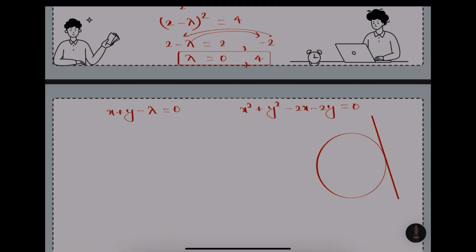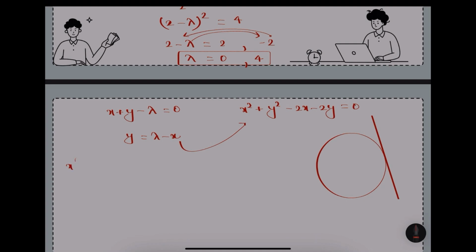Touch means it will touch at a single point, and the straight line will behave as a tangent for this given curve, correct? How will we solve this question? Find the value of y. So y will be equal to lambda minus x. Now substitute the value of y in the given curve.